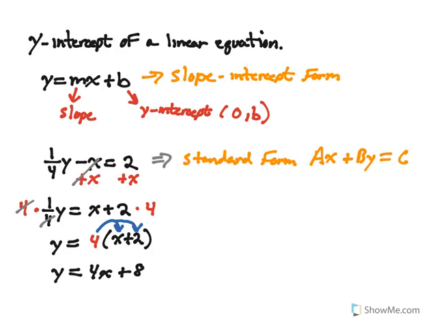Let me just rewrite it over here because I'll have a little more room. You notice that it almost looks like this form. Can you guys see that? y equals mx plus b. You can clearly see that m is your 4, your slope of 4, and this is your y-intercept.